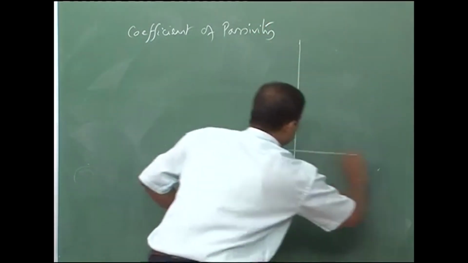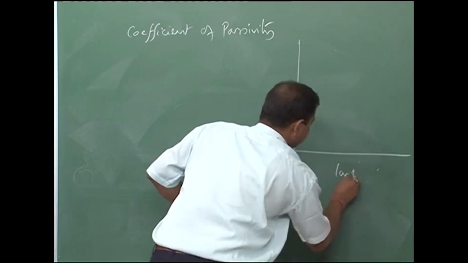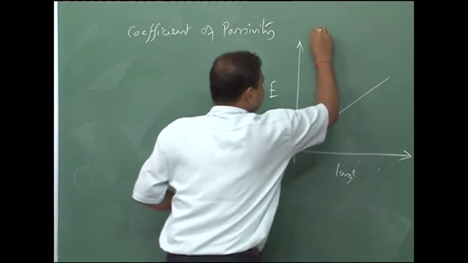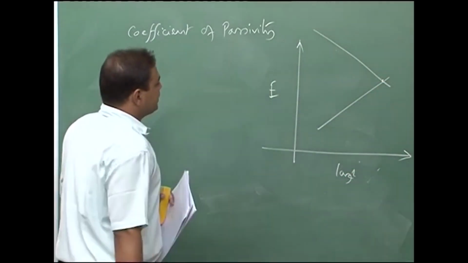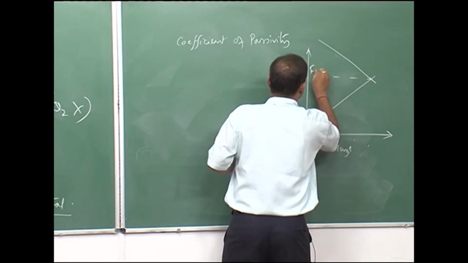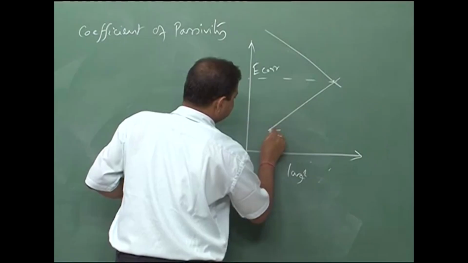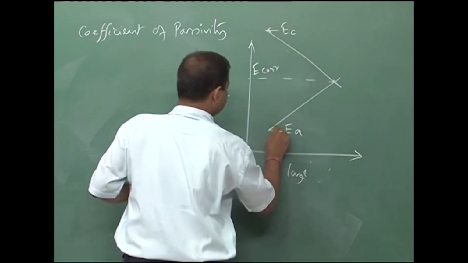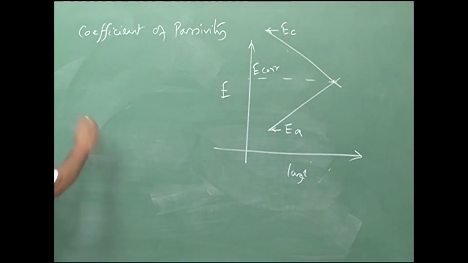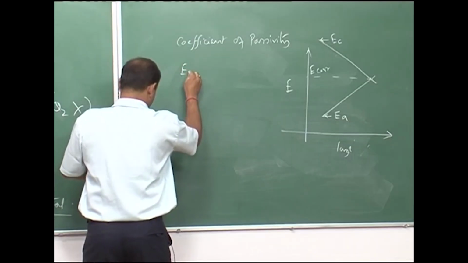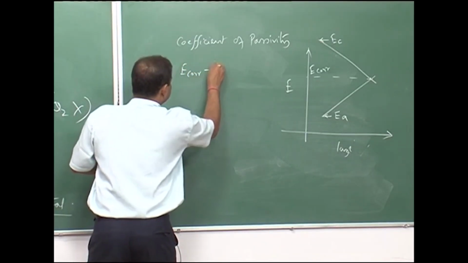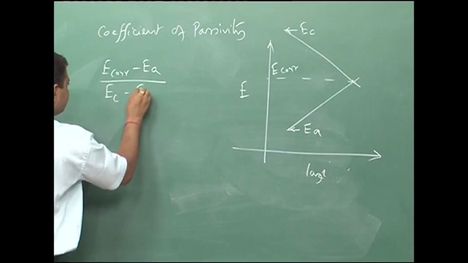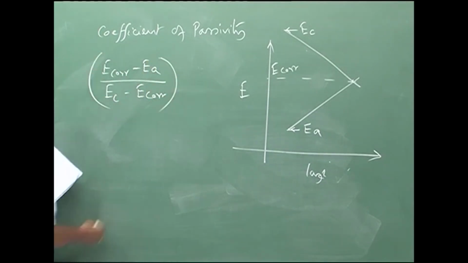Let us say this is my plot of log I versus potential, and this is the corrosion potential, E corr, this is E A, and this is E C. Now, this factor, E corr minus E A divided by E C minus E corr, is the ratio.